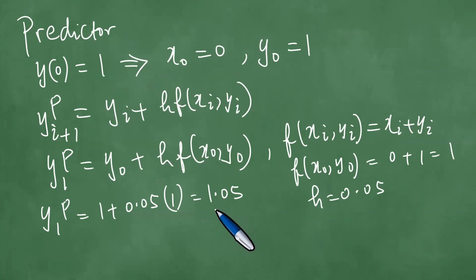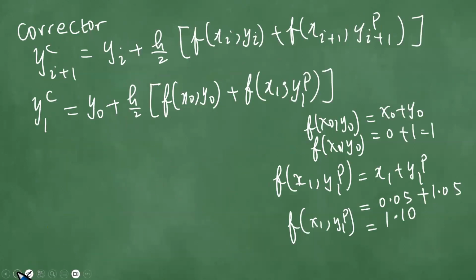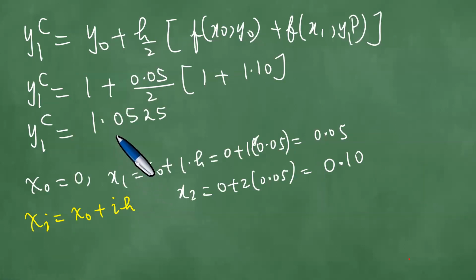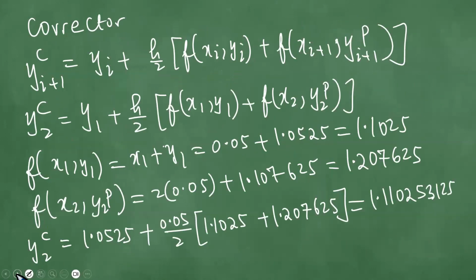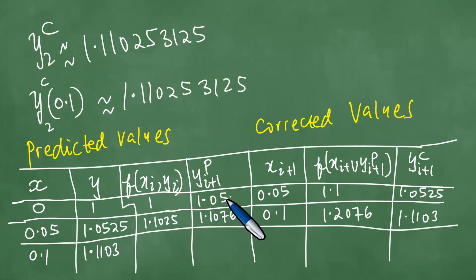That goes with x0, y0. And then the corrector that we got became 1.05. And now obviously the x0 corresponds to an x1.